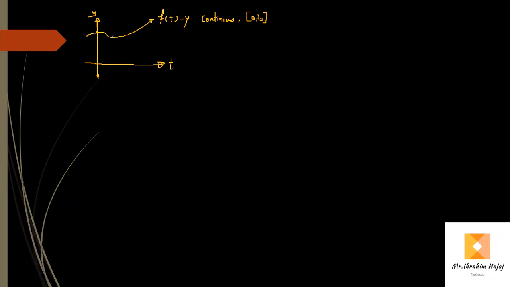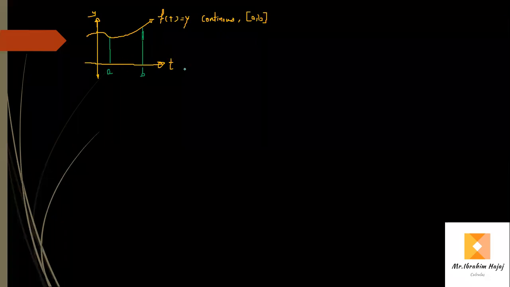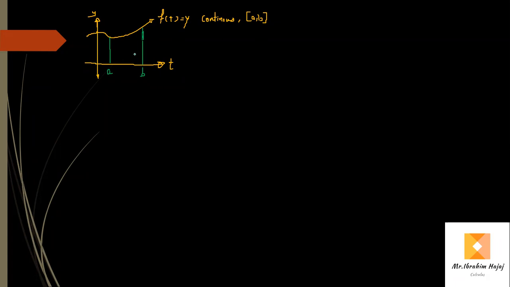So in the closed interval a to b, let a be here and here is b. You know now that we can use the definite integral to find the area under the curve and the t-axis of the function f of t between a and b.